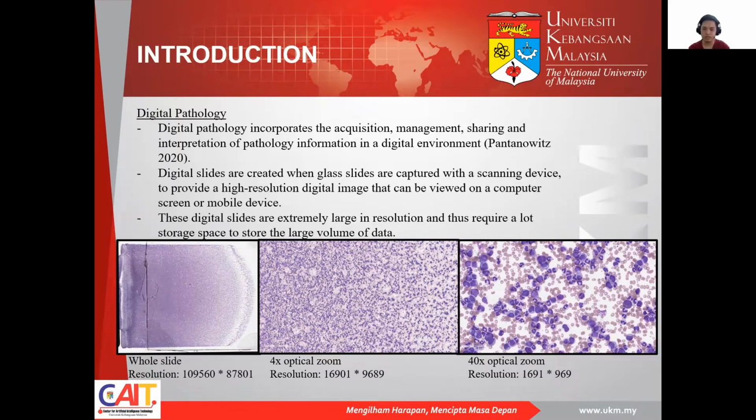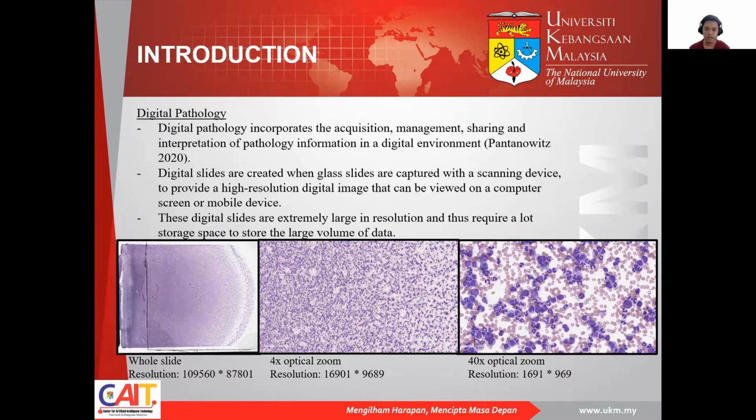These digital slides are extremely large in resolution and thus require a lot of storage space to store the large volume of data. Included here are 3 samples of digital slides. On the left is a representation of the whole slide that's being digitized, which actually holds a resolution of 109,000 pixels by 87,000 pixels.